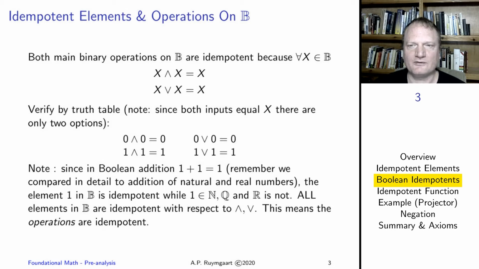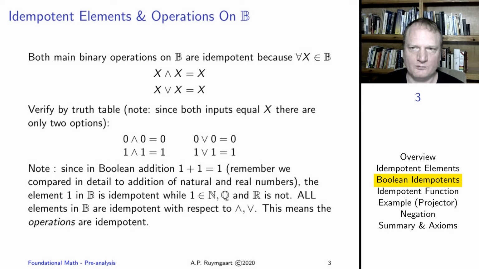Now the Boolean domain only has the numbers 0 and 1, and we saw on multiplication these two were idempotent on natural numbers. So that's interesting because that means Boolean multiplication, or the AND operation, is idempotent since we only have those two elements. Now addition turns out to be idempotent as well, and that's because of that subtle difference in how Boolean addition works.